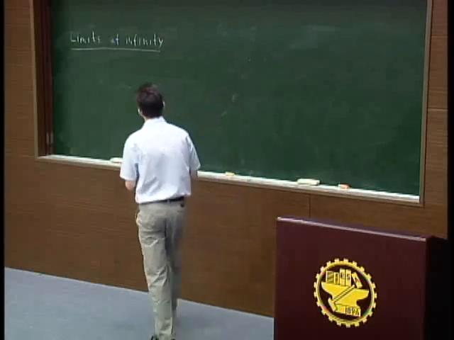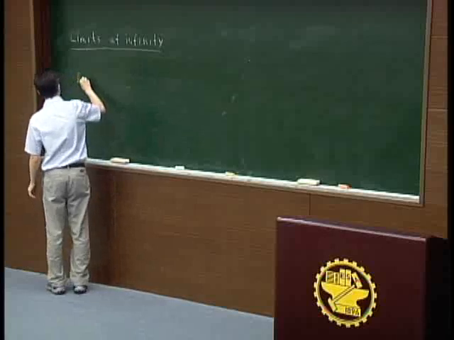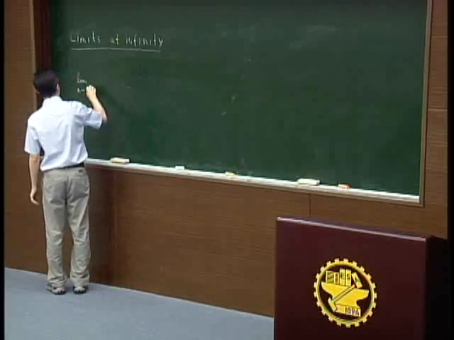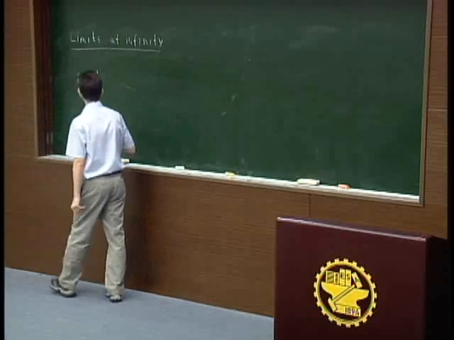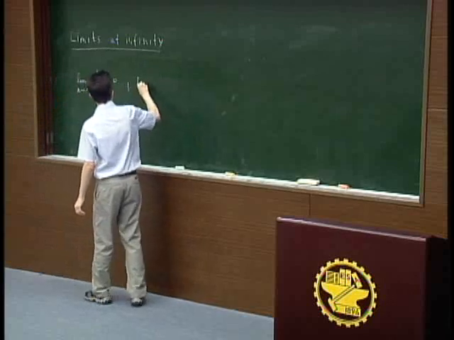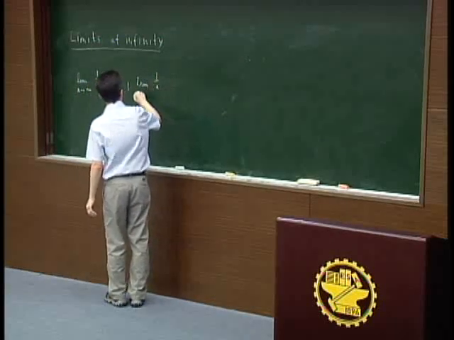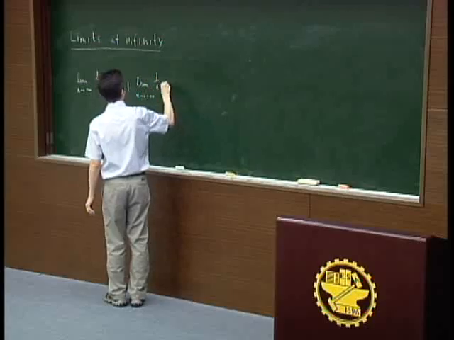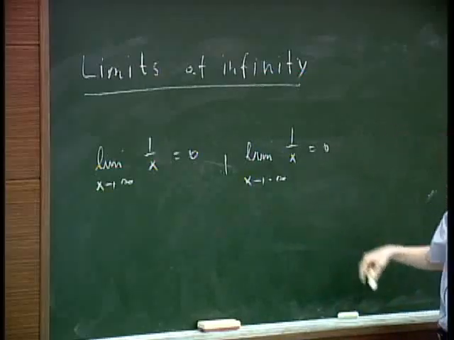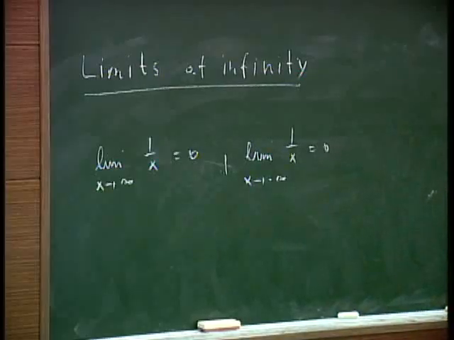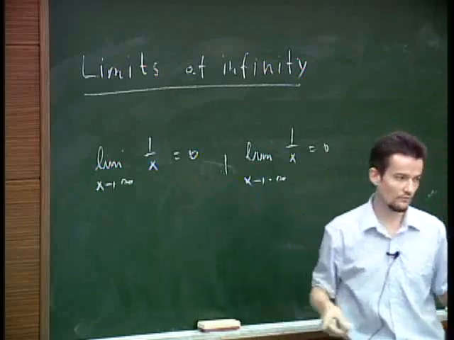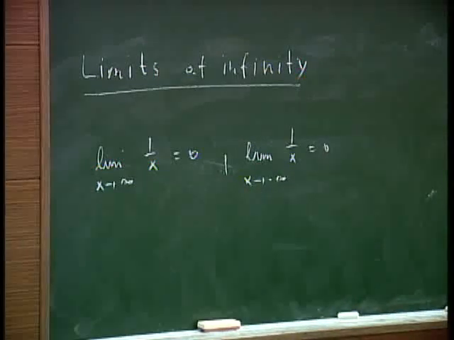Now, the first important case is that the limit as x tends to infinity of 1 over x is equal to 0, and the limit of 1 over x as x tends to minus infinity is also equal to 0. So 0 is an asymptote of this function here. Now, for instance, for this here, just once to use the epsilon delta definition.